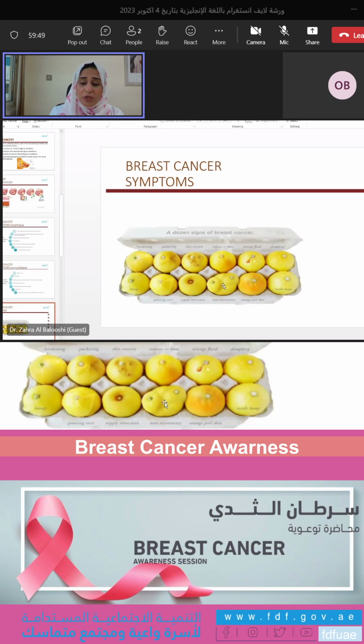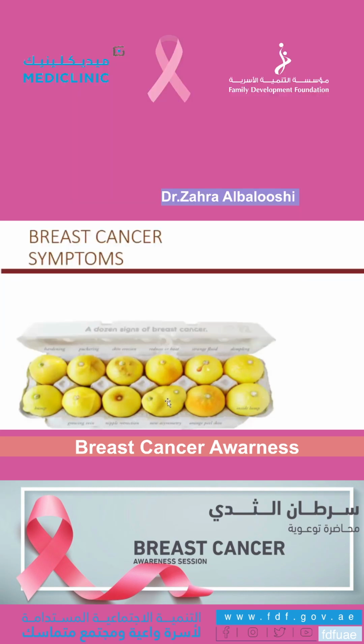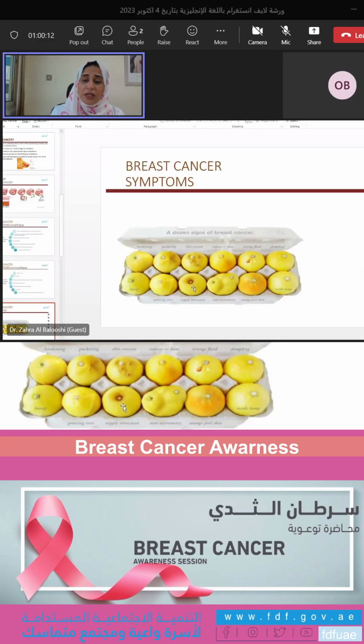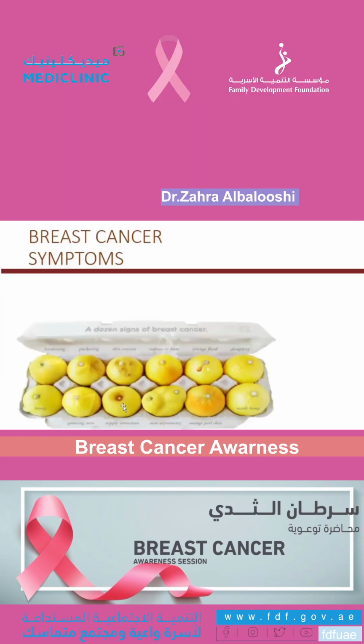If you can see from the pictures, the two breasts don't look alike, or one breast is bigger than the other. Or the nipple has changed and gone inward, instead of having the normal anatomy of the nipple. This, in medical terms, we call nipple retraction. The lady will suddenly come and say, I noticed that my nipple is not normal, it has been retracted to the inside.